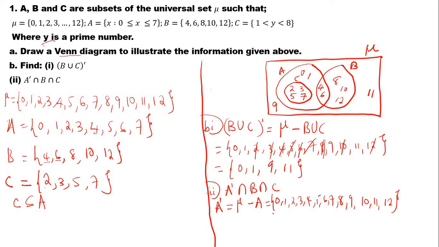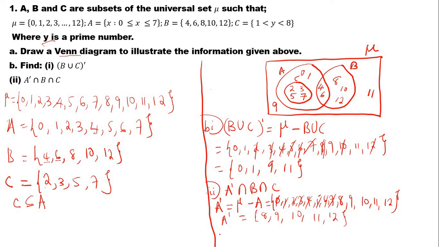So everything in A is from 0 to 7. So I'm having 0, 1, 2, 3, 4, 5, 6, 7 out. So A prime, I have 8, 9, 10, 11, 12.